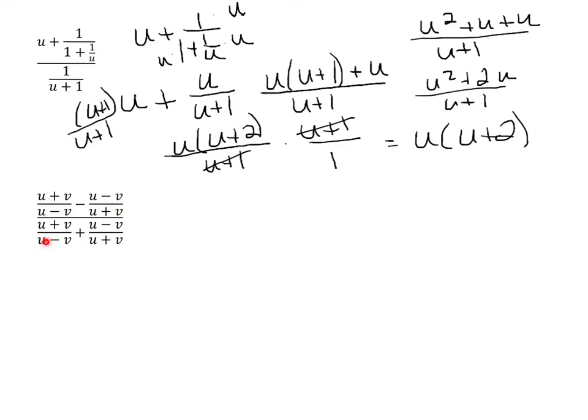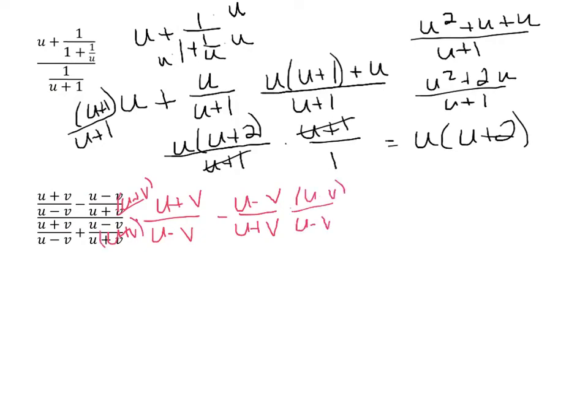So when I deal with the numerator, I can multiply this by u plus v over u plus v, and this one by u minus v over u minus v, and that gives me u plus v squared minus u minus v squared over u squared minus v squared, right? Because it's just a difference of squares.